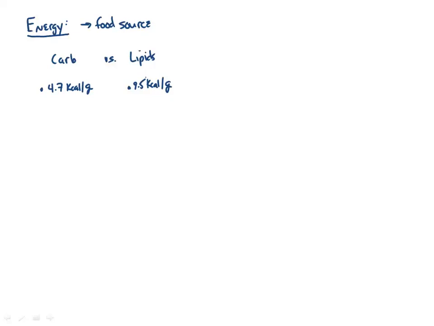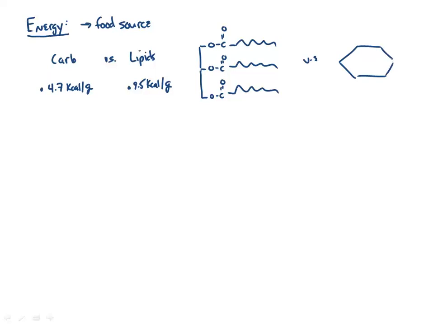Because there are 3 tail kind of things that attach. Well, we can look at the basic structure like this. That's the basic structure of a lipid versus a carbohydrate, which has a bunch of OHs.